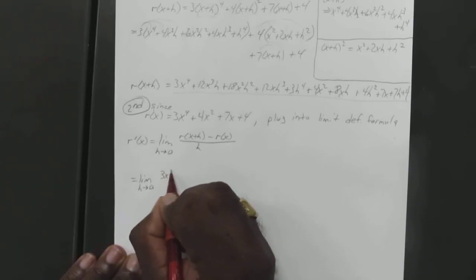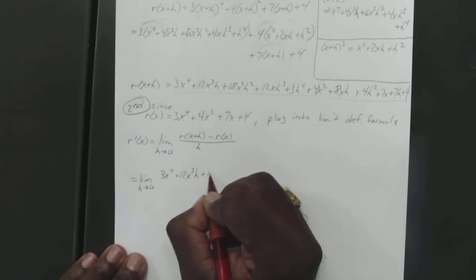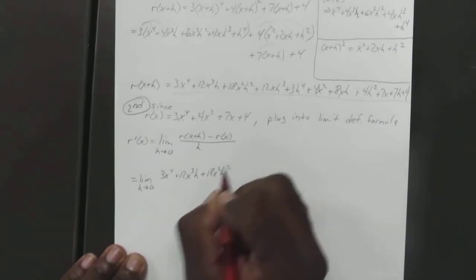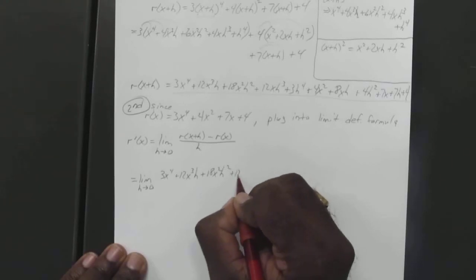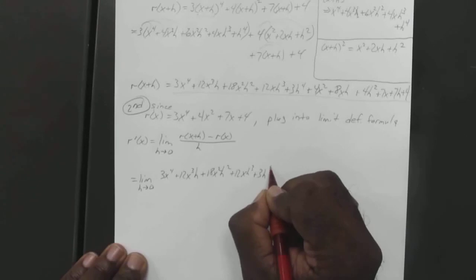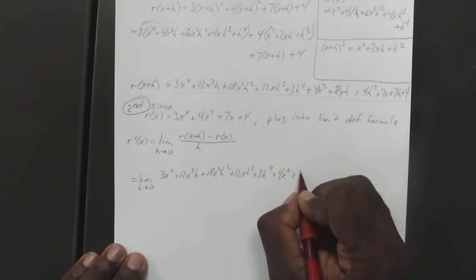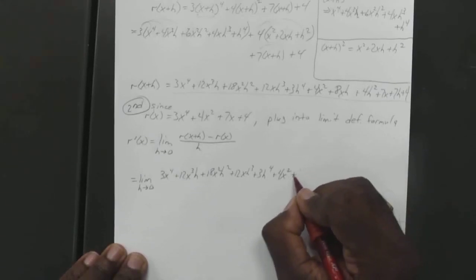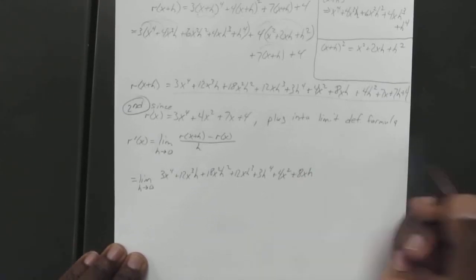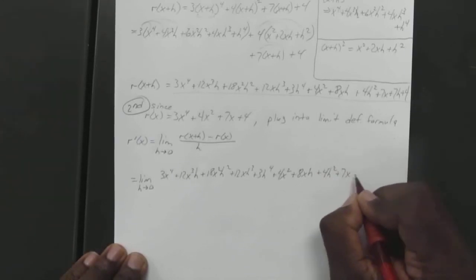So that's 3x to the fourth plus 12x to the third h plus 18x squared h squared plus 12xh to the third plus 3h to the fourth plus 4x squared plus 8xh, plus 4h squared plus 7x plus 7h plus 4.